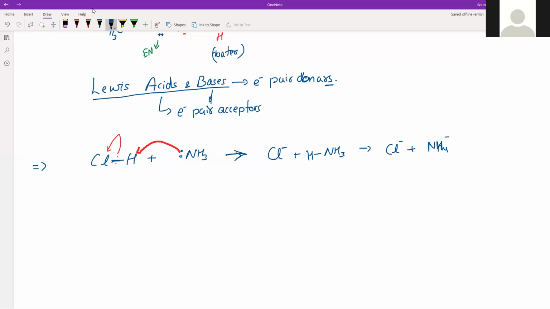And this is important: where is this plus charge? Nitrogen has lost the electron, so this plus charge will actually be on nitrogen.